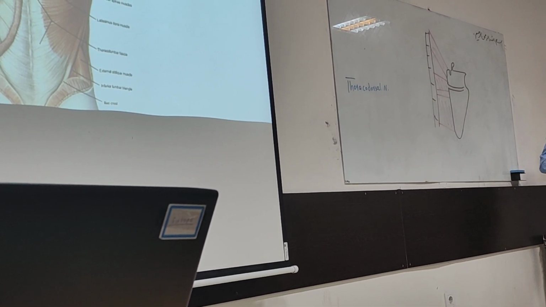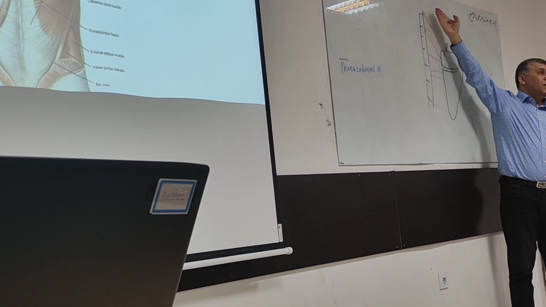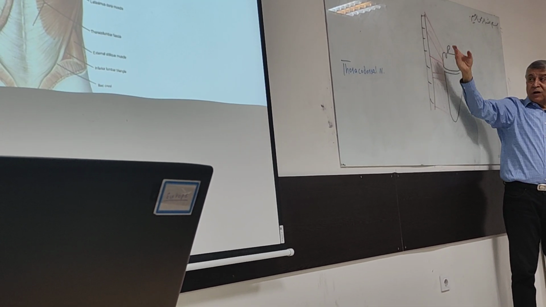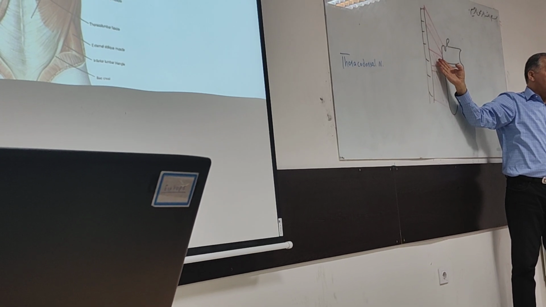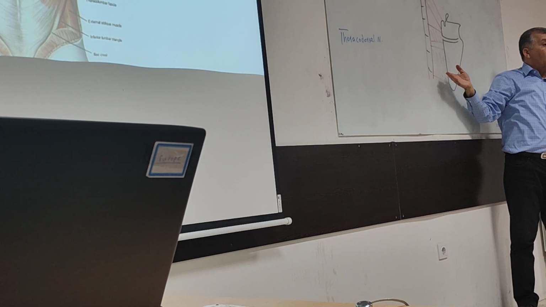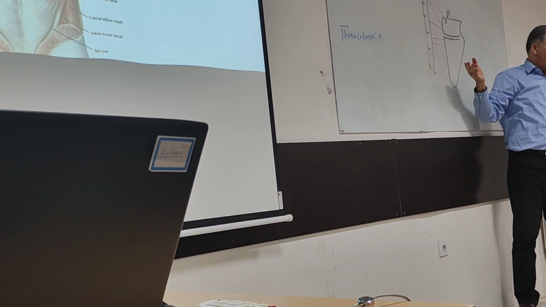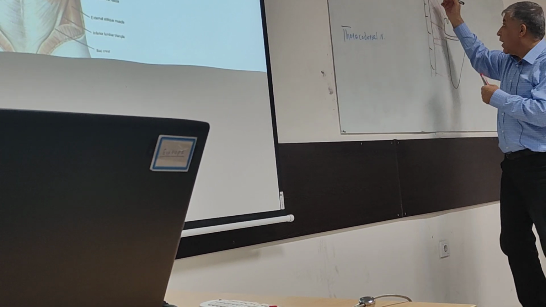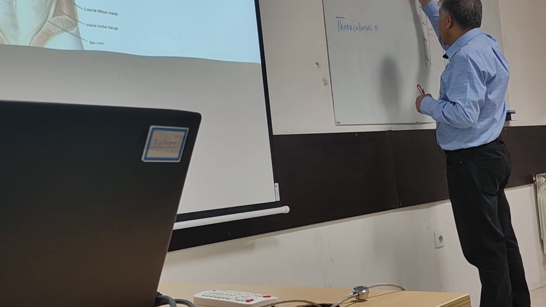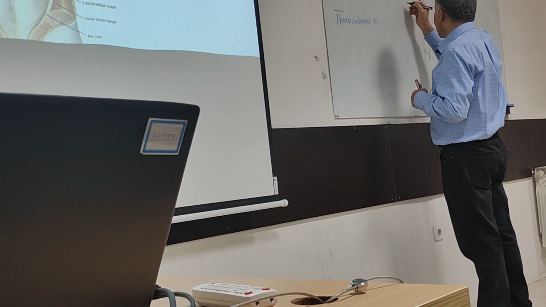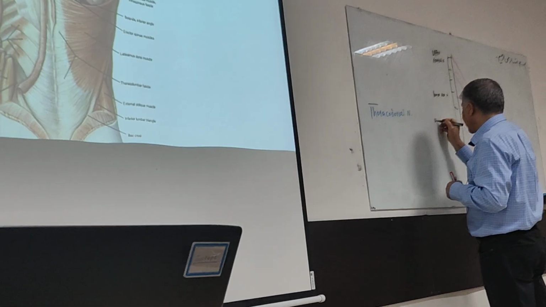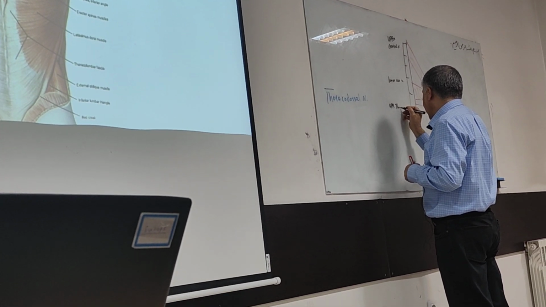Levator scapula originates from the upper cervical vertebra. Rhomboid minor originates from the lower cervical vertebra. Rhomboid major originates from the upper thoracic vertebra.